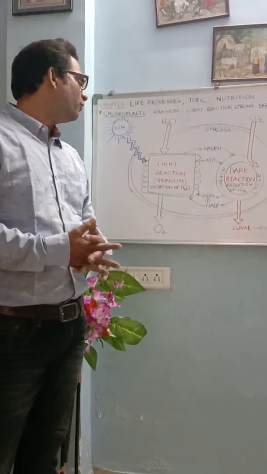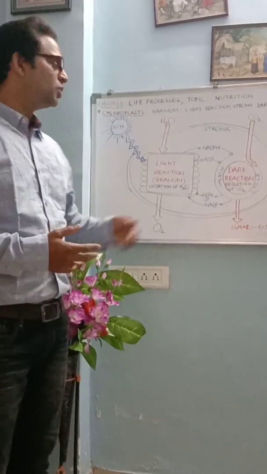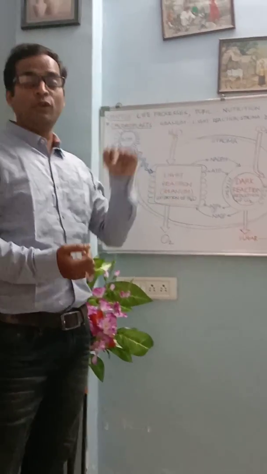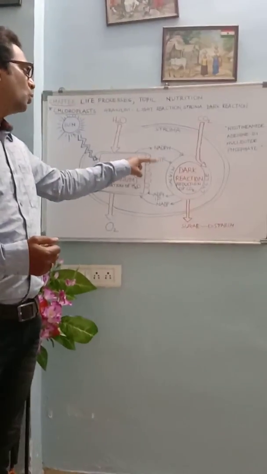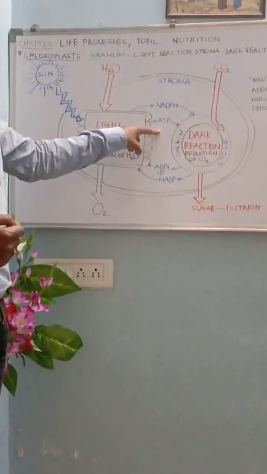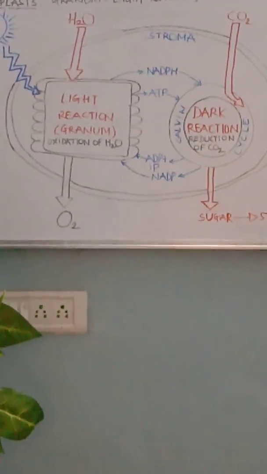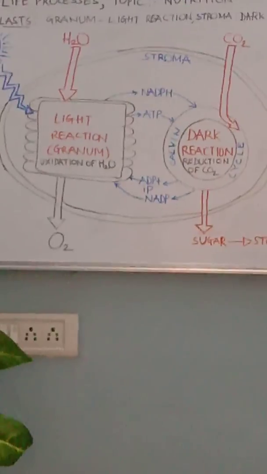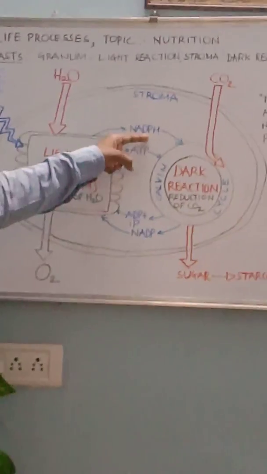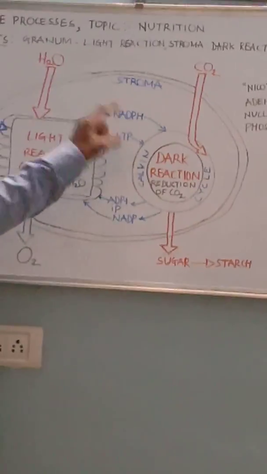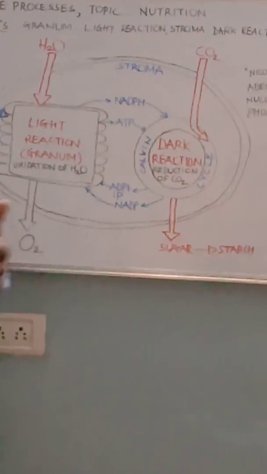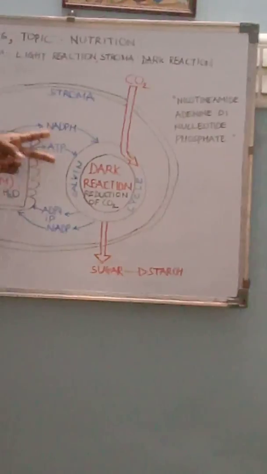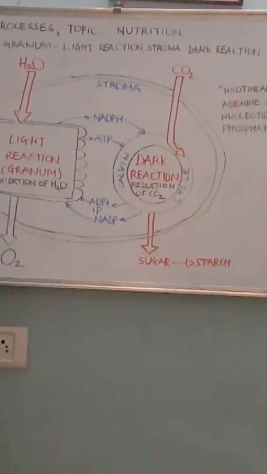Now, as a result of this Hill's reaction or this light reaction or photochemical reaction, there is synthesis of two chemical energies, and those two are called NADPH and ATP. When you go to your 11th standard, you will have a detailed explanation about these two assimilatory powers.